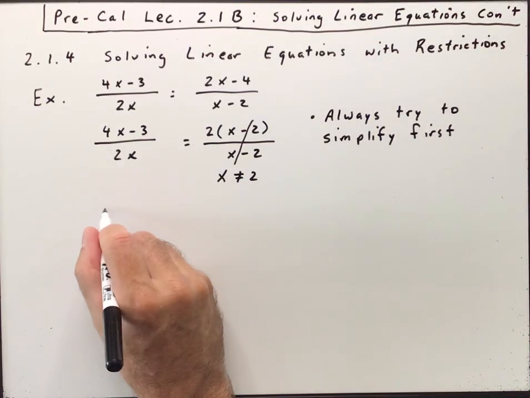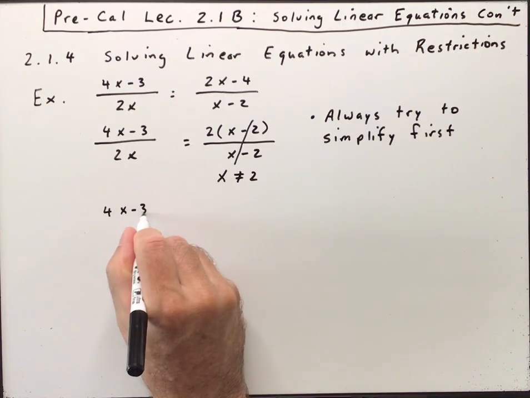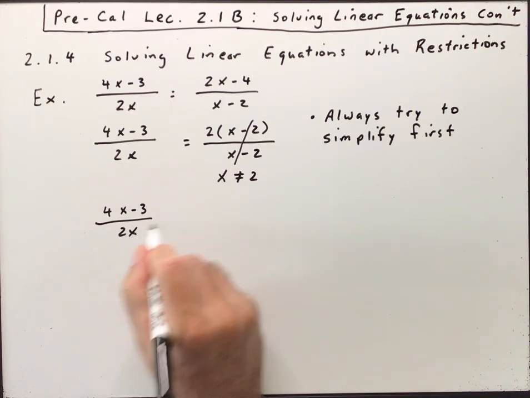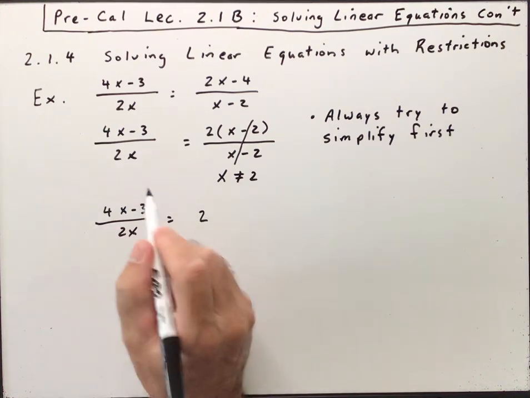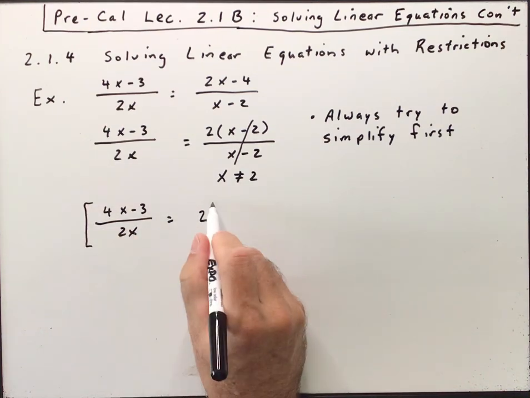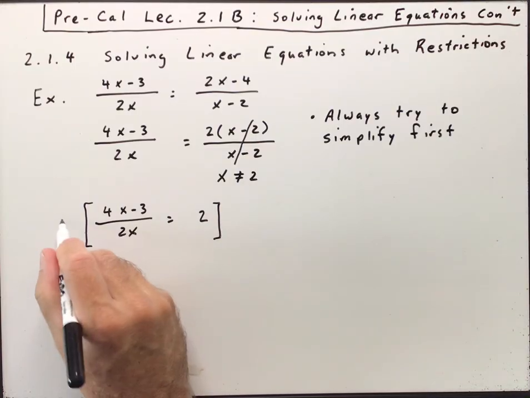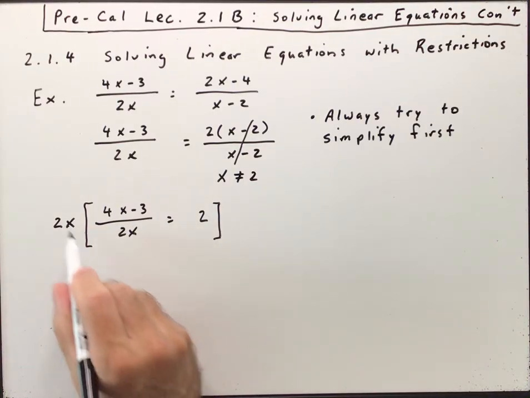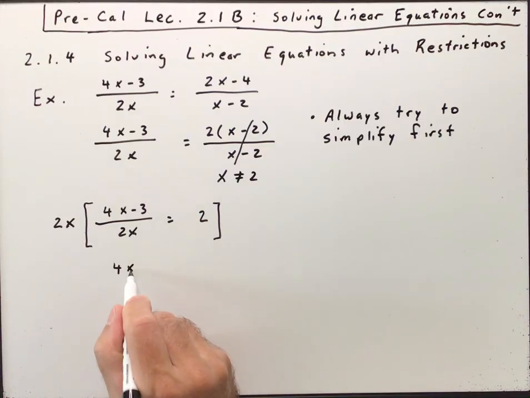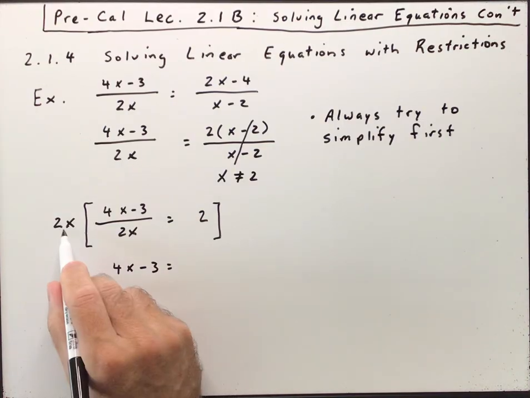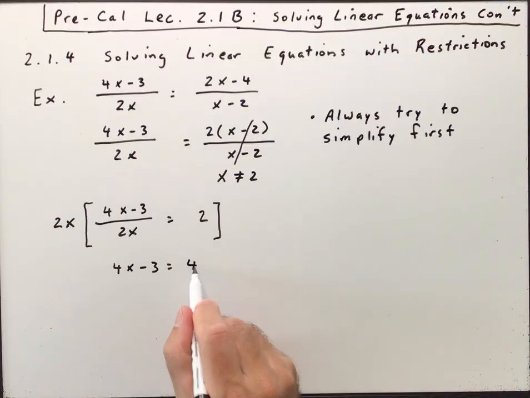So now we have 4x minus 3 on the left over 2x. We can't really simplify that. It is just equal to 2. Okay, so we could multiply both sides now by 2x. That'll clear this left fraction, and you're left with 4x minus 3 is equal to 2x times 2, 4x.